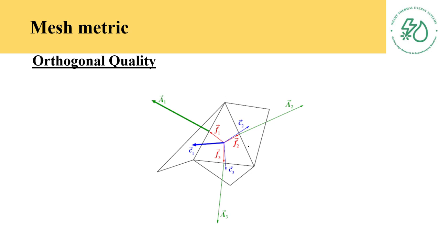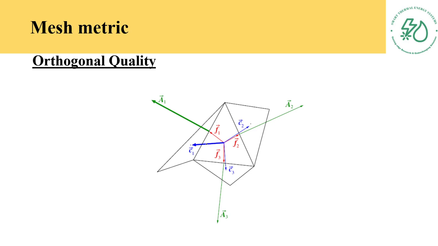C is the vector from the cell centroid to the centroid of each of the adjacent cells, like the centroid of this cell. And F is the vector from the cell centroid to each of the faces.